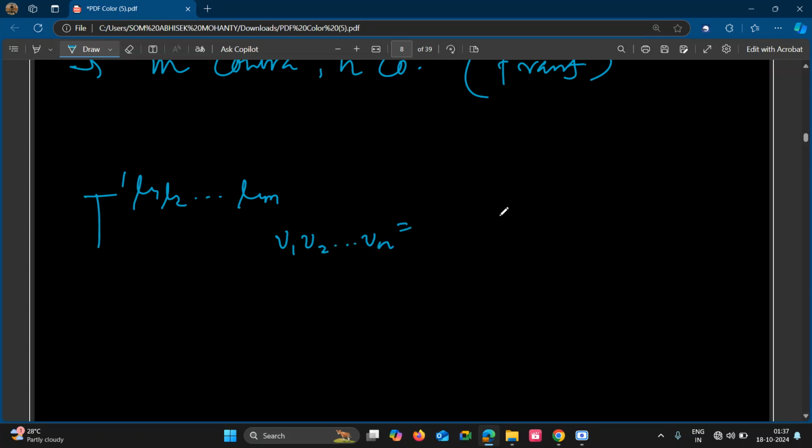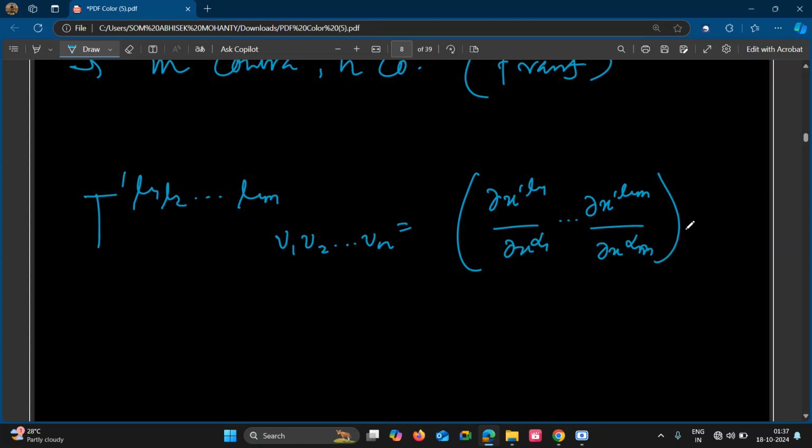So it will transform like del x dash mu 1 by del x alpha 1, up to del x dash mu m by del x alpha m, into del x beta 1 divided by del x dash nu 1, up to del x beta n by del x dash nu n, into T alpha 1 to alpha m and beta 1 to beta n.